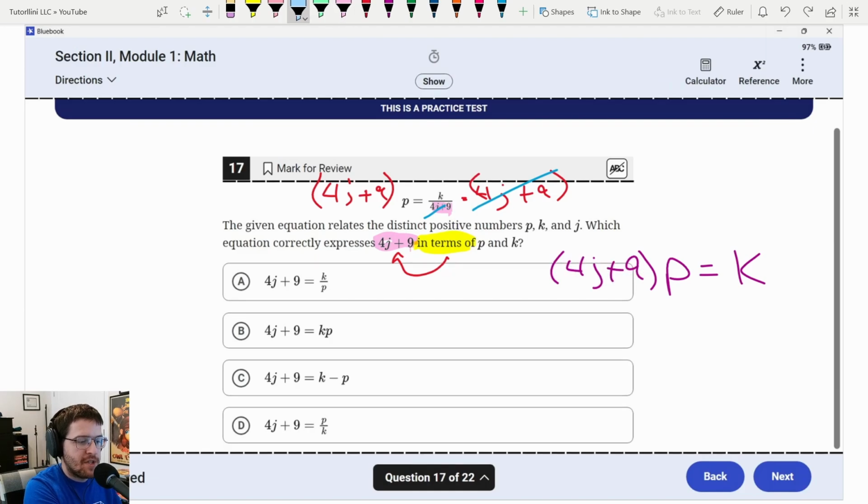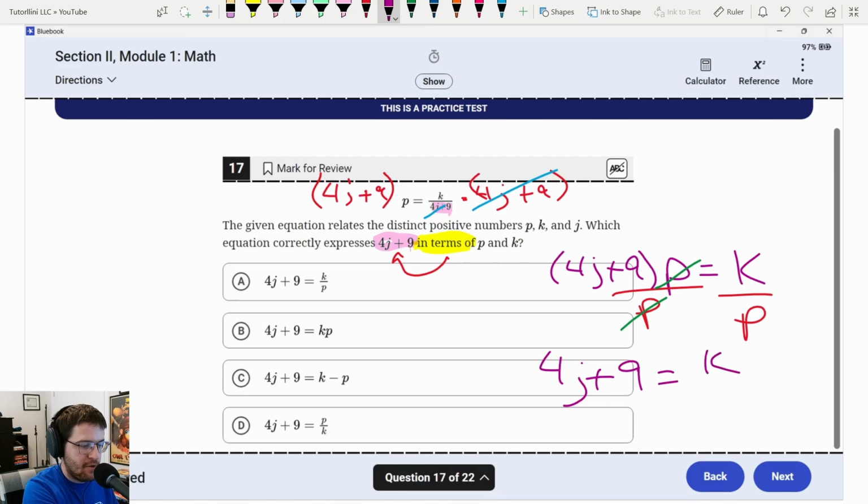So the only thing that's on the side with the 4j plus 9 is the p. The p is being multiplied. The opposite of multiplication is division. So I'm going to divide both sides by p. And this guy goes away. And I get 4j plus 9 equals k over p. And that is looking a lot like answer choice A.